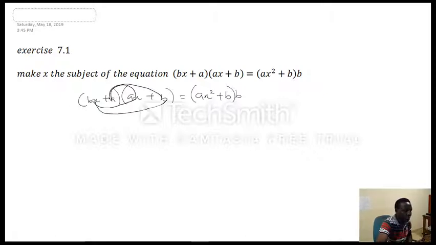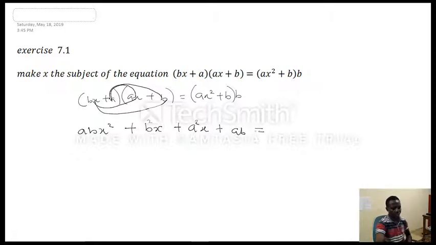And when you do that, you have bx times ax to give us abx squared, and bx times b will give us plus b squared x. When you multiply a times ax, you have plus a squared x, and we multiply a times b, we are going to have plus ab.